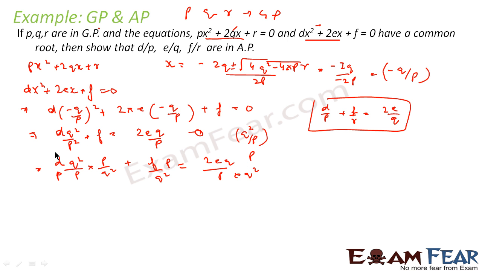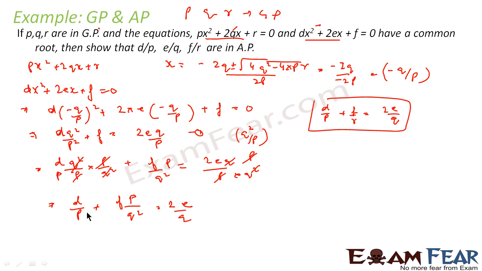Why have we done this? Because we wanted to make this in d by p form, and the right side in e by q form. Q square is cancelled here, p is cancelled, and q is cancelled. So what we get here is d by p plus f p by q square is equal to 2e by q.